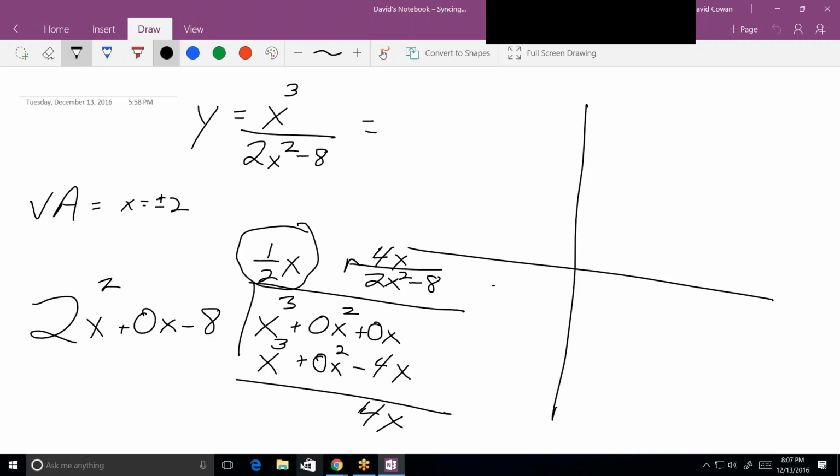A slope of 1/2 is a little flatter. And I got my two vertical asymptotes at plus and minus 2. There's the one at plus 2, there's the one at minus 2.